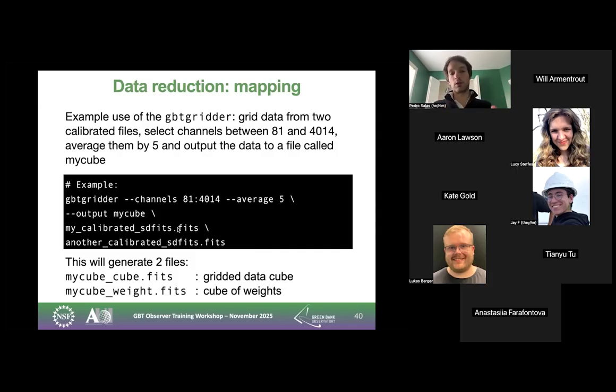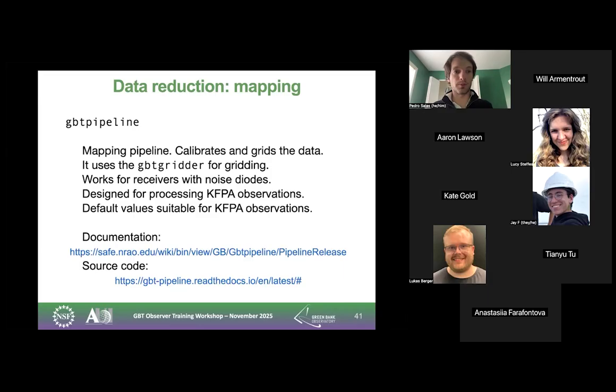It will basically make a cube for you called, as we said, whatever you specify as the output underscore cube dot fits. That's the actual data, and then an underscore weight dot fits. Those are the weights. You can open this with CASA Viewer or CARTA or DS9 or Glue. I don't know what's popular these days.